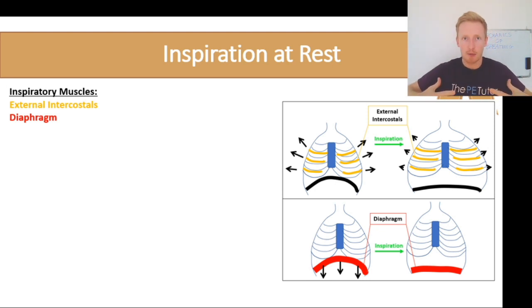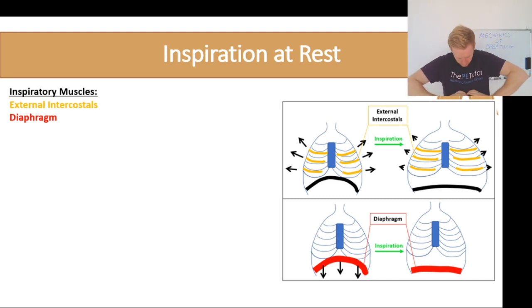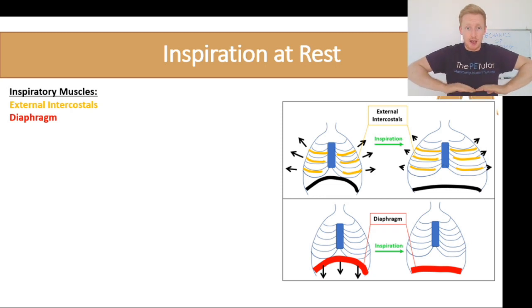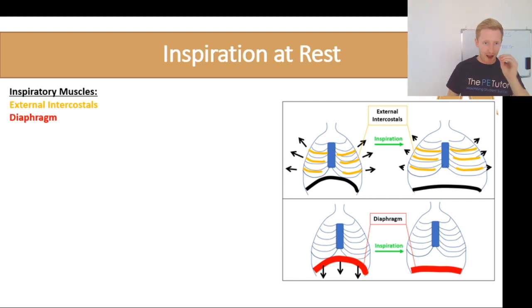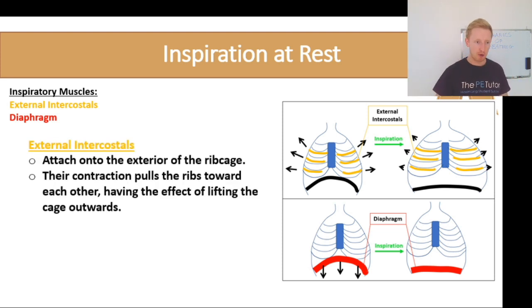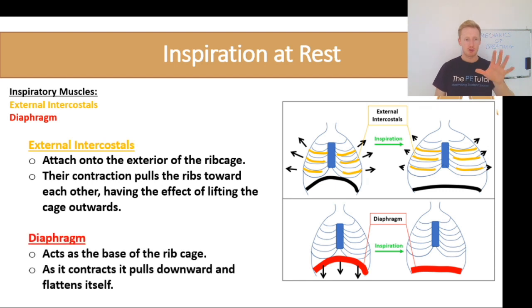Pull the rib cage up and out using the external intercostals, or we can take this upward dome shape and flatten it and create new space. So at rest, we've got external intercostal muscles and our diaphragm, which cause the changes which lead to the drop in pressure. So I'll leave that up there on the screen for you for a second.